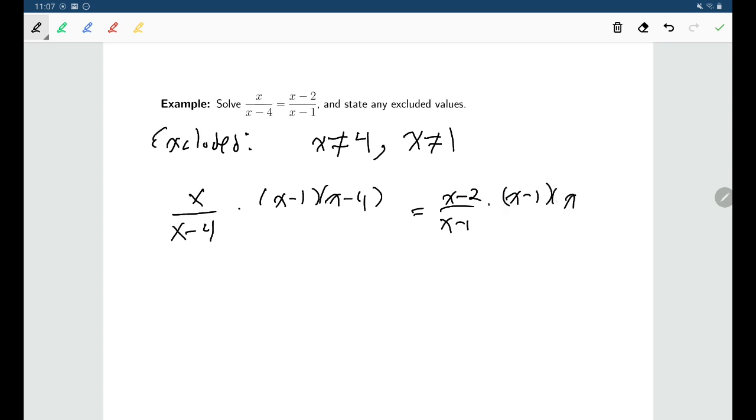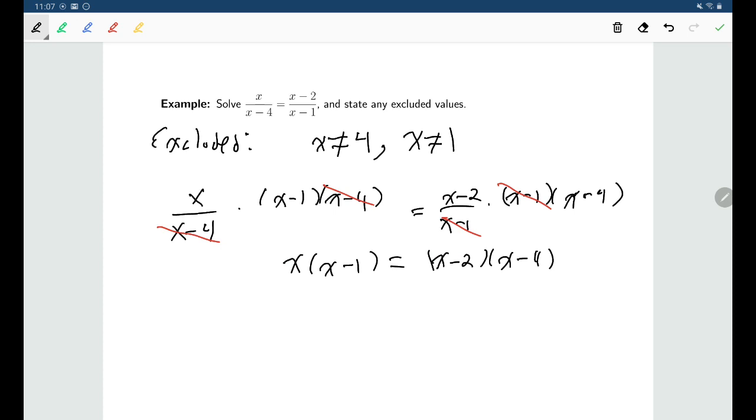And the reason this is a good move is because now my denominators will cancel. On the left side, the x minus 4 and the x minus 4 cancel. And on the right side, the x minus 1 and the x minus 1 cancel, leaving me with just x times x minus 1 on the left side and x minus 2 times x minus 4 on the right side.